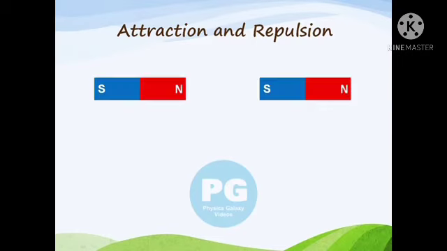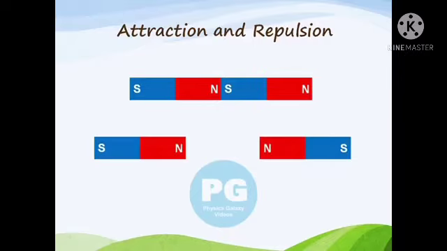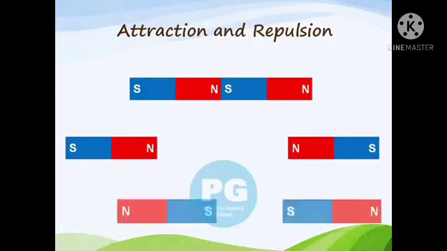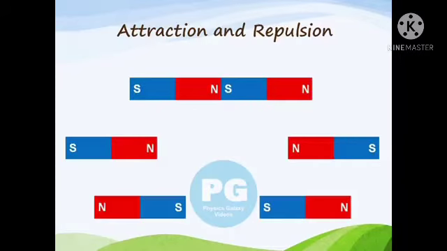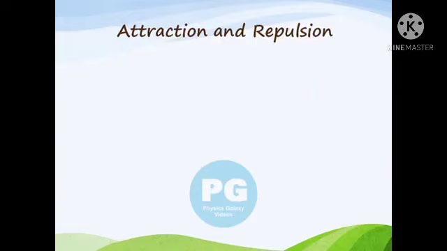Attraction and repulsion. Take two bar magnets, unlike poles. That means one bar magnet's north pole and the other's south pole always attract. Then like poles, that means two poles of the same type. North poles always repel each other. South poles, also like poles, also repel each other.